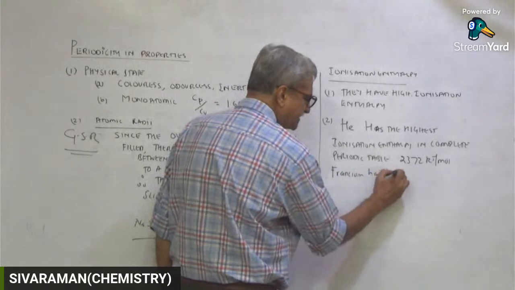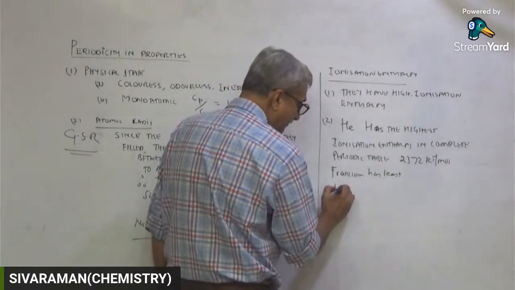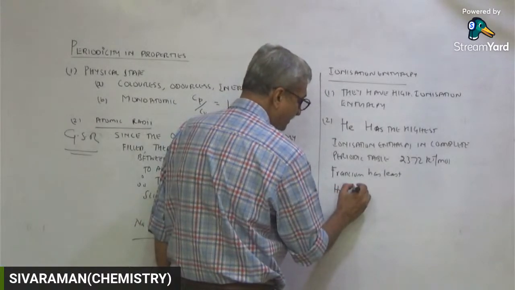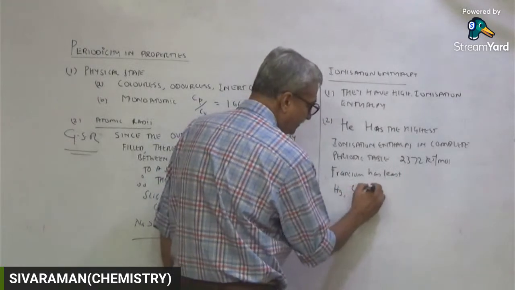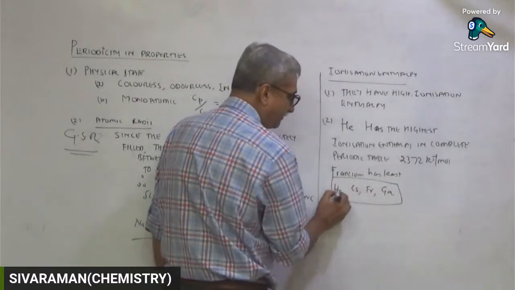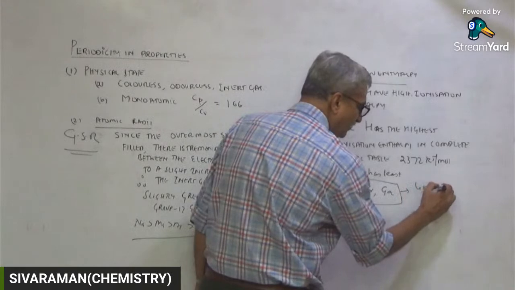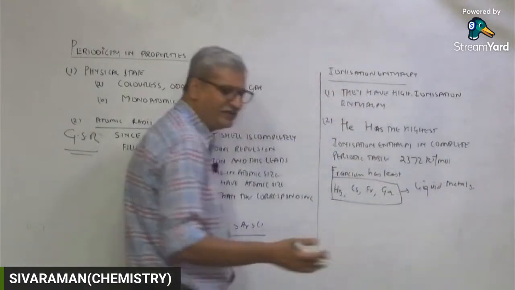Francium has the least. But also remember one thing: mercury, cesium, francium and gallium are liquid metals. This may not be related to this chapter, but whatever we have to study, we'll study.